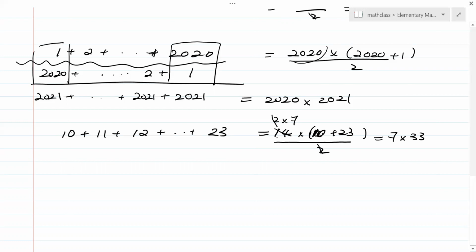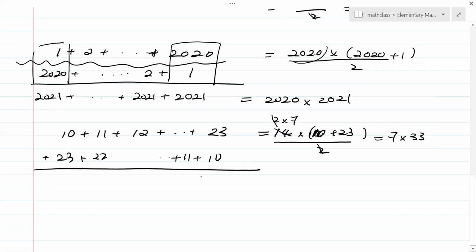Now, why does 14 show up? Because of the same idea: if you reverse the order, here's 23, here's 22, right? So you double all the numbers. When you add them together, you can change the order to add them each time.